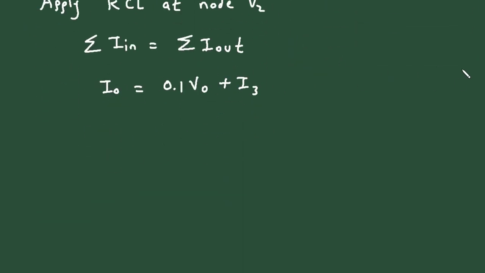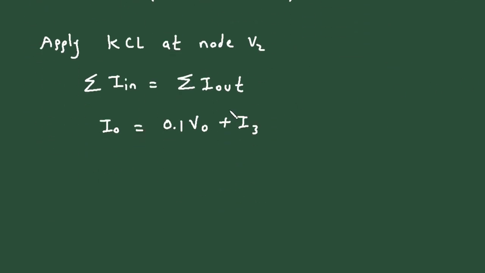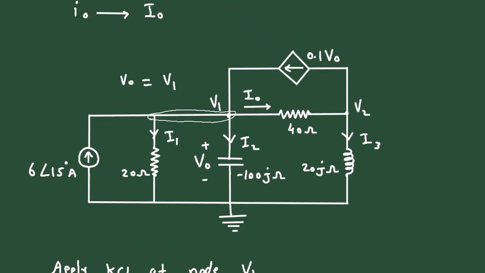Now let's write this Io in voltage form. So Io in voltage form will be (V1 minus V2) divided by 40, which is equal to 0.1 Vo. Now here we can see Vo is equal to V1.